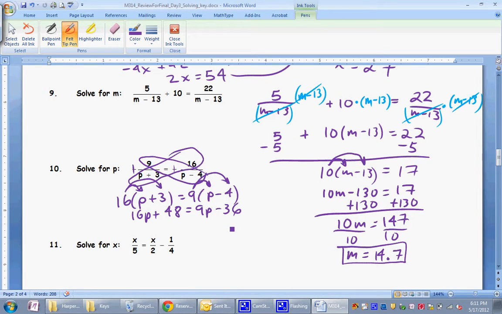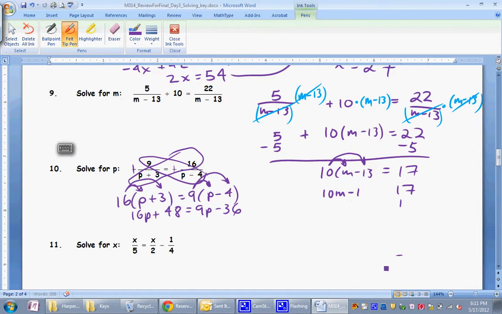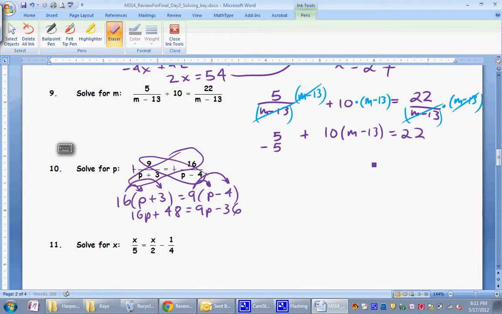Now I'm going to clear out some space here. Remember, if you do need the work from number 9, you could very easily just rewind the video and pause it. So no reason to leave this up here. It's just taking up space now. Okay, if we have 16p plus 48 is equal to 9p minus 36, it looks like it's a good idea to do a couple algebraic steps at once.